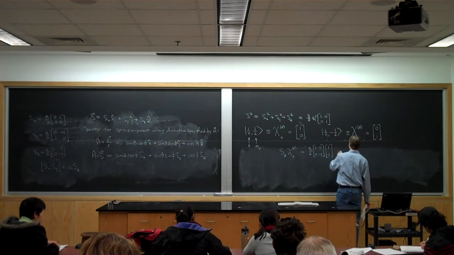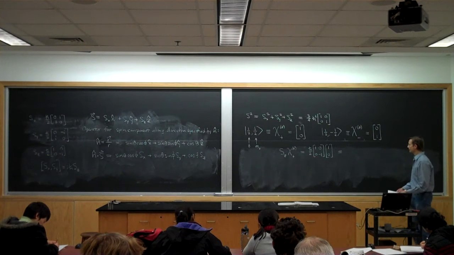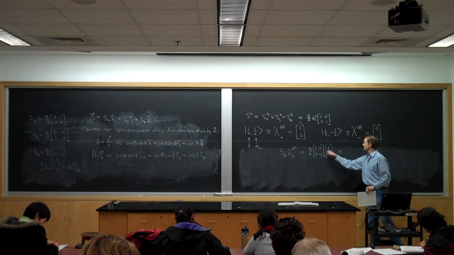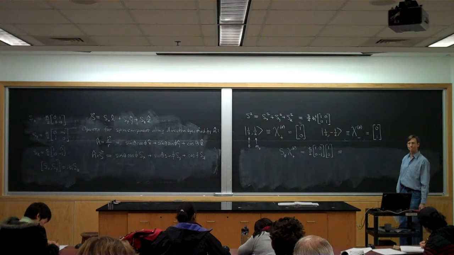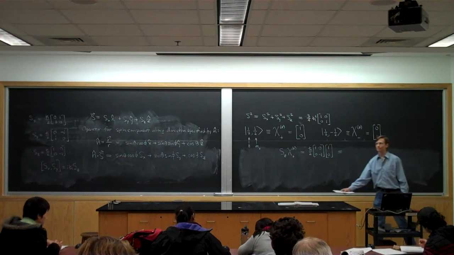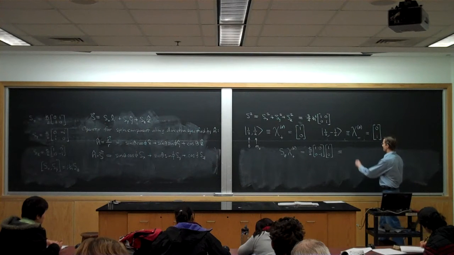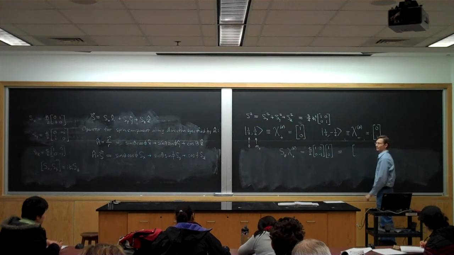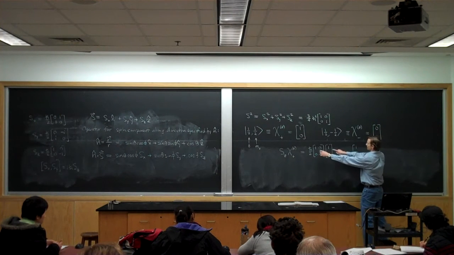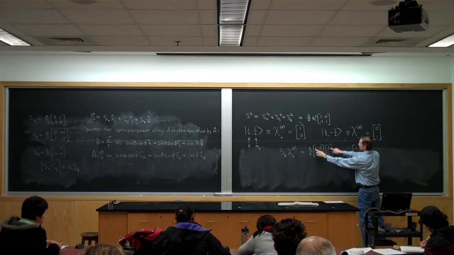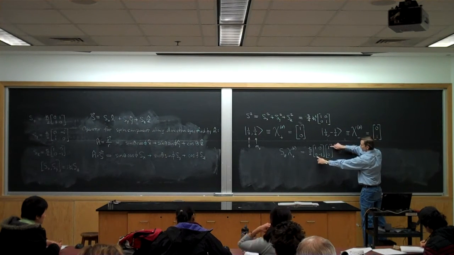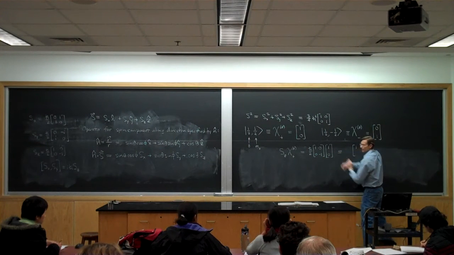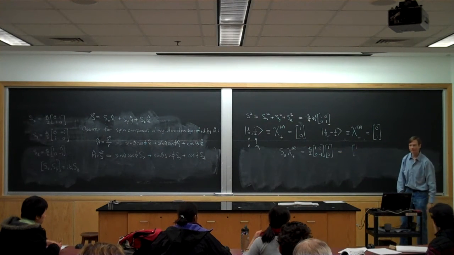times 1, 0. And if I multiply 1, 0, 0, minus 1 times 1, 0, what do I get? Top component 1, right, because I get 1 times 1 plus 0 times 0, and then the bottom component is 0 times 1 minus 1 times 0, which adds up to 0.